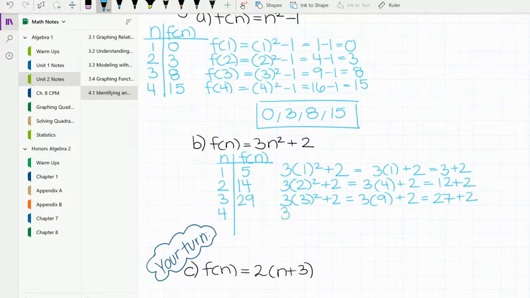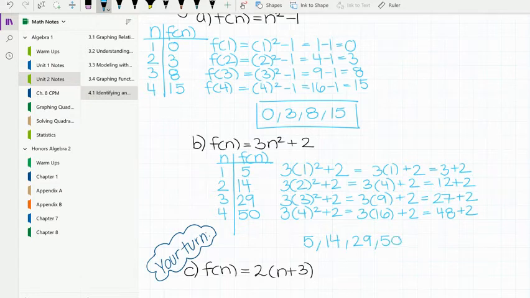And lastly, 3 times 4 squared plus 2, which is 3 times 16 plus 2, which is 48 plus 2, and you get 50. So the first 4 terms in that sequence are 5, 14, 29, and 50.